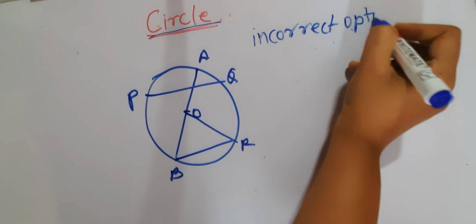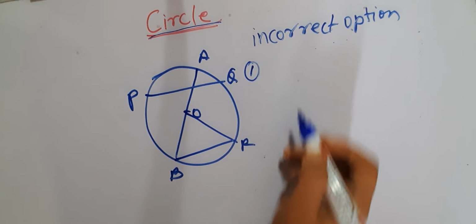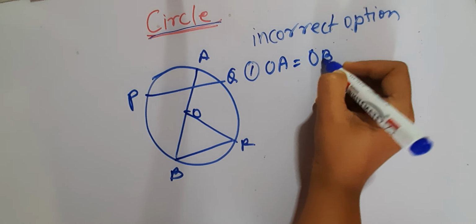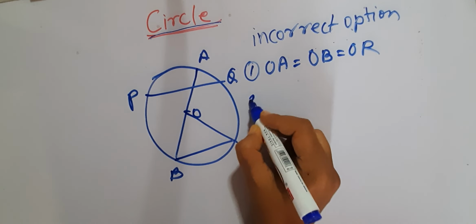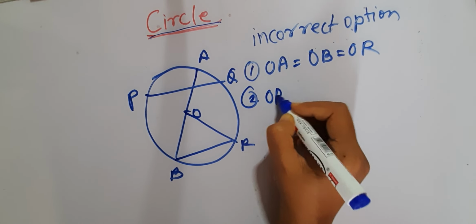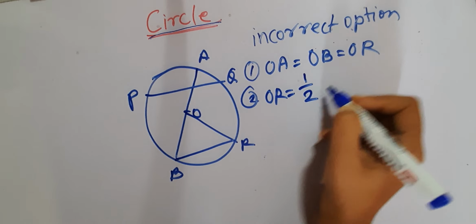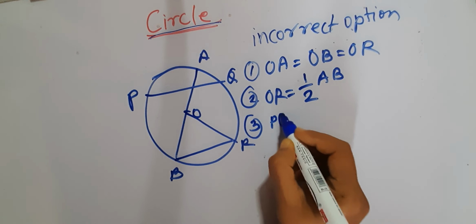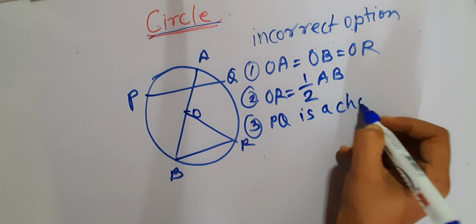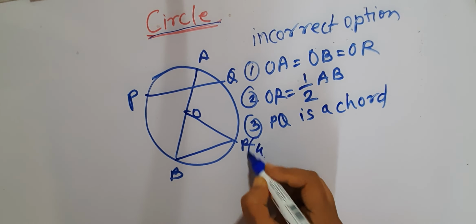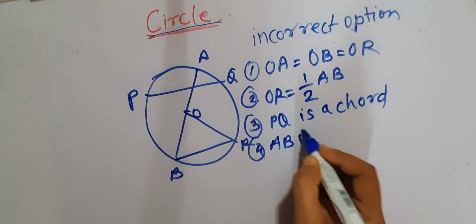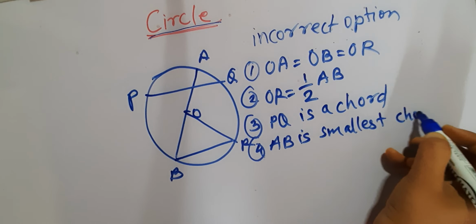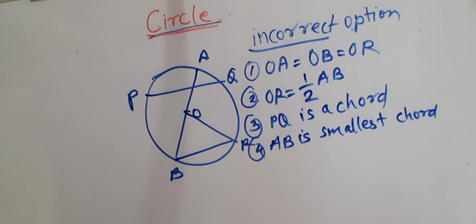The first option is OA equals OB equals OR. The second is OR equals half of AB. Third is PQ is a chord. And the fourth one is AB is the smallest chord.